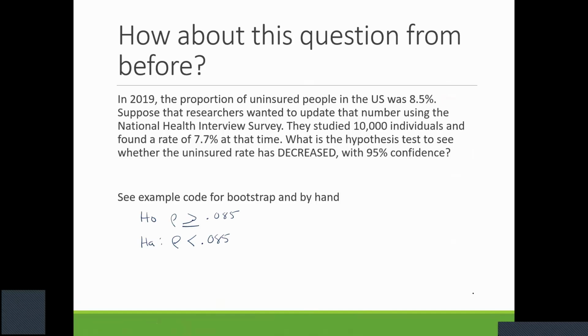Okay, and we're only looking at evidence now in this tail, and that is a very, very bad normal curve, but we're still only looking for evidence in that tail.